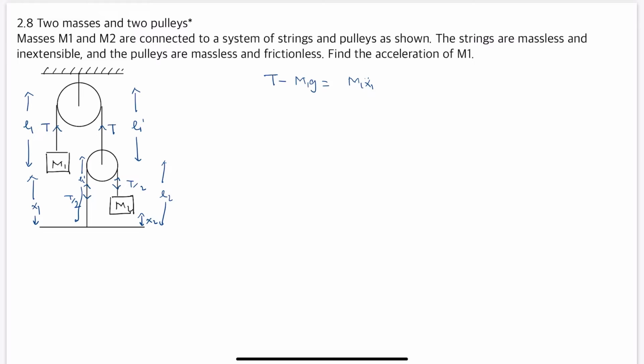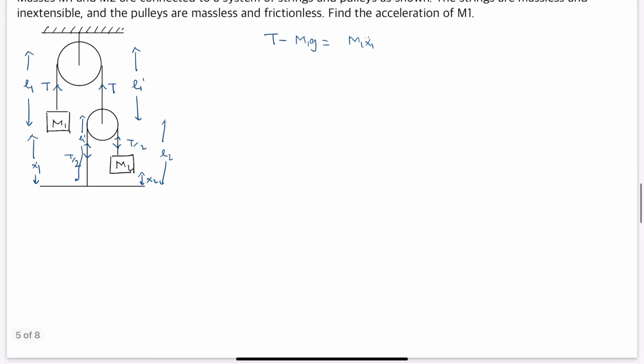Just for those people who don't know this double dot thing, if I have some parameter q and I put a dot over it, it means that I'm taking its first derivative with respect to time, and if I put a double dot over it, it means that I'm taking the second derivative with respect to time, and so on. So if there are three dots, it means the third time derivative of that q, and q could be anything, any function of time, right? Okay, so that's T minus m1g equals m1 x1 double dot.